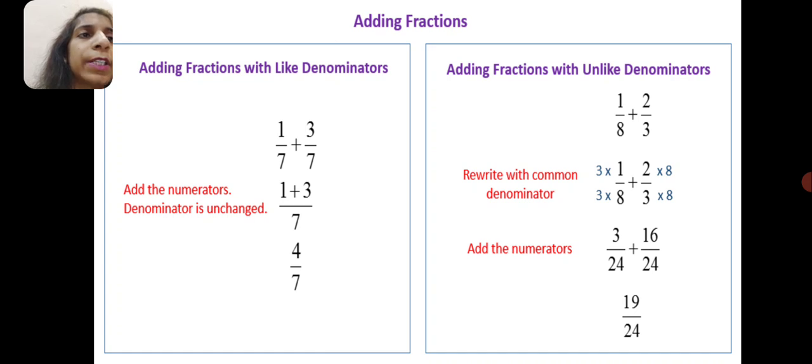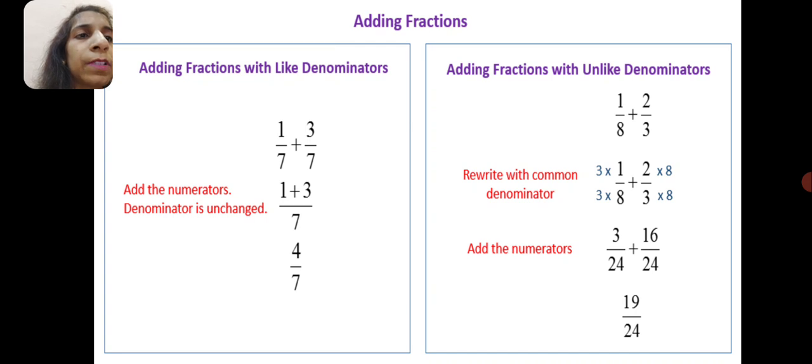Next column, you can see adding fractions with unlike denominators. So here the denominators are not like, which means they are unlike each other. 1 by 8 plus 2 by 3, we have to add these fractions and get the required answer. First we have to make the denominator common. So we will multiply 8 into 3 on both sides.